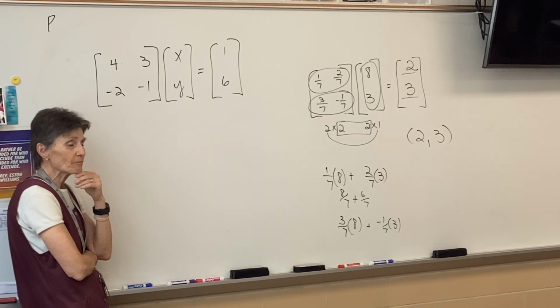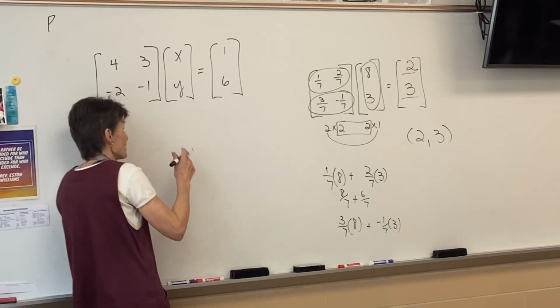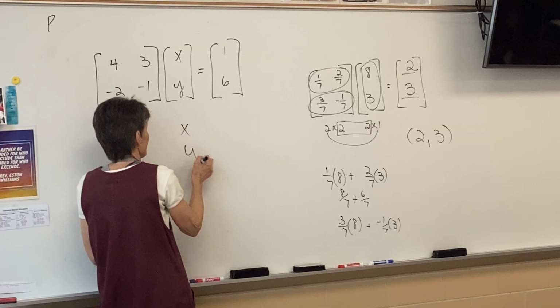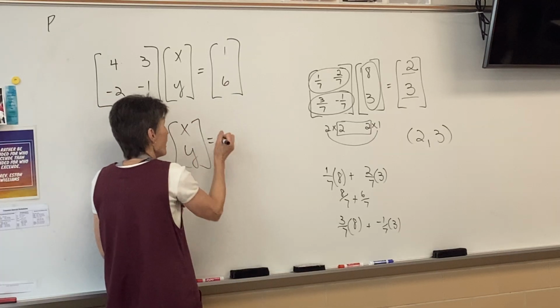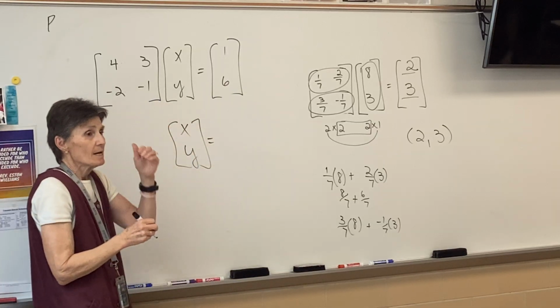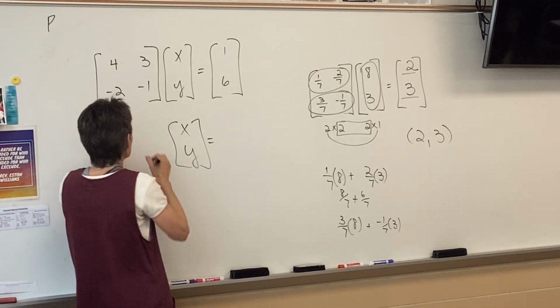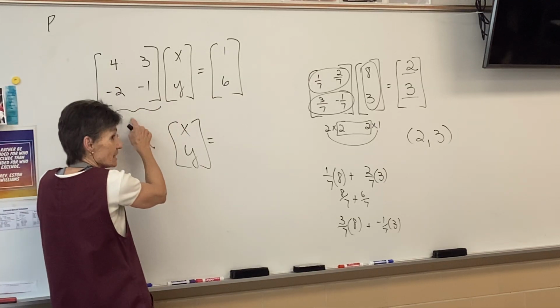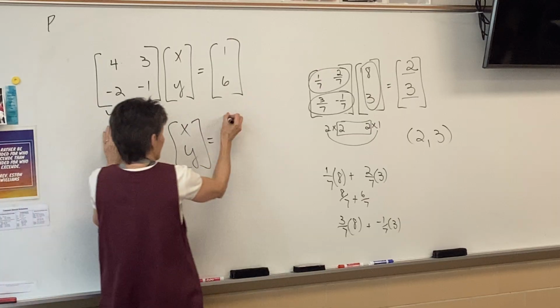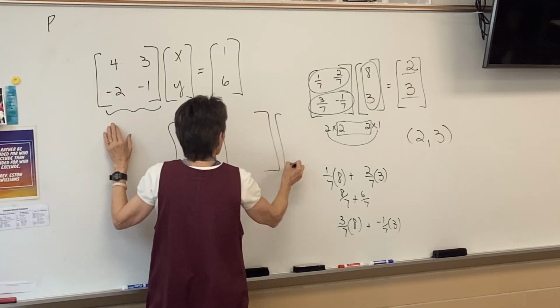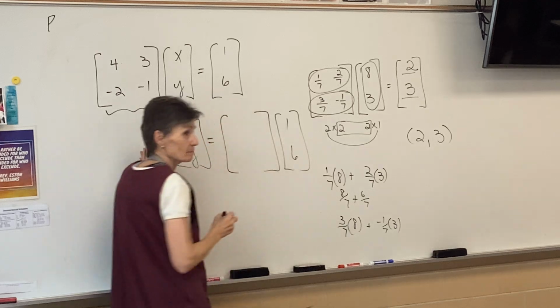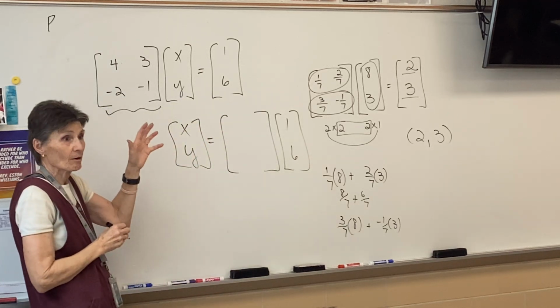You just have to remember that your answer is going to come from finding the inverse of this and multiplying it times 1/6. That's how we're going to get our answer.